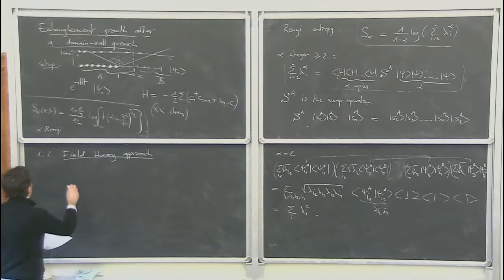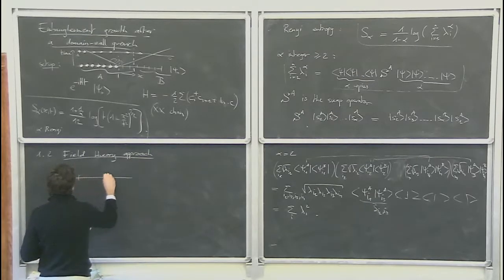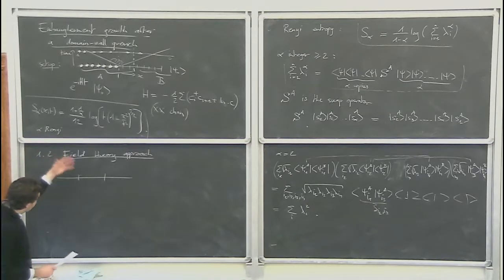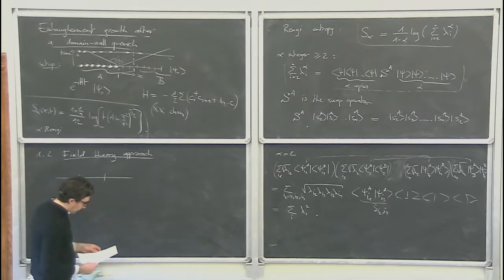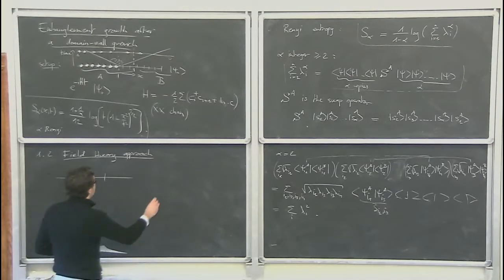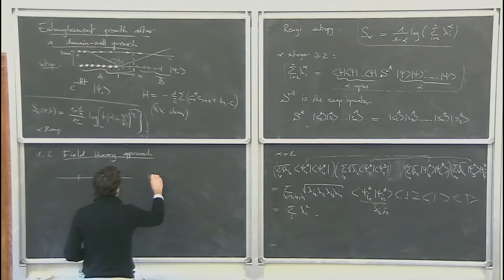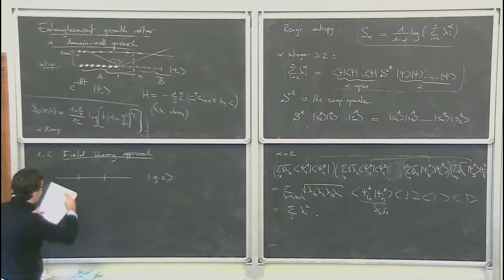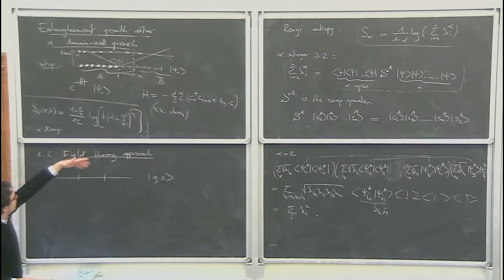So now we are going to specialize to the following thing. Of course my motivation is this inhomogeneous problem, but to explain the standard tricks, let me go back to a homogeneous problem. So let me go back to the ground state of some critical Hamiltonian in one dimension on an infinite line, for instance, this XX model.